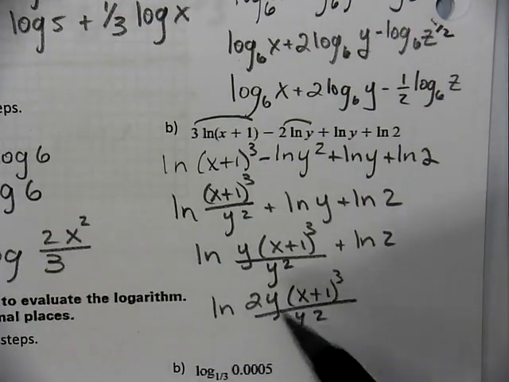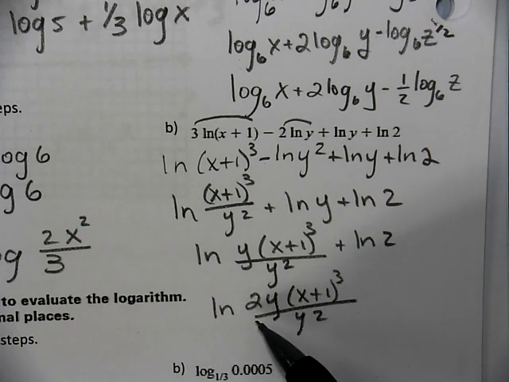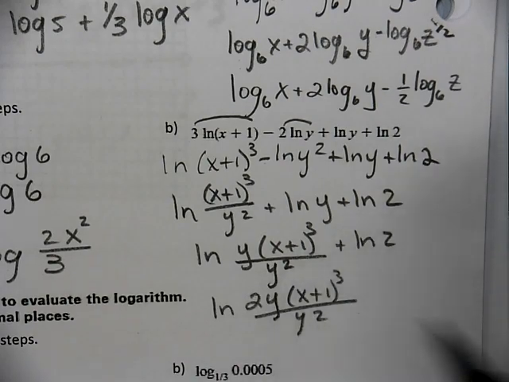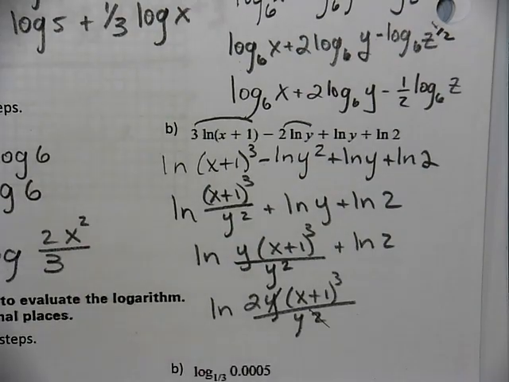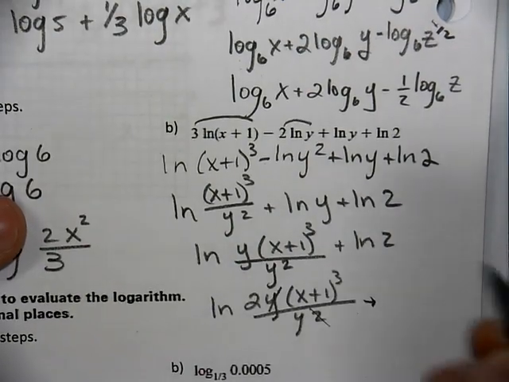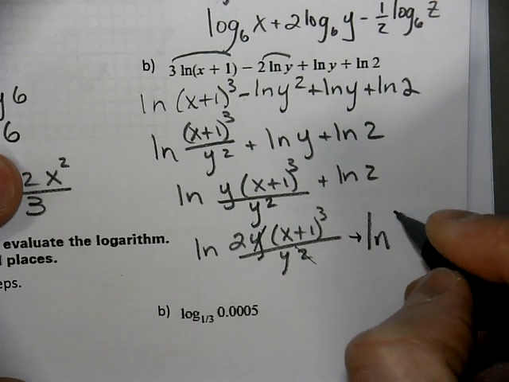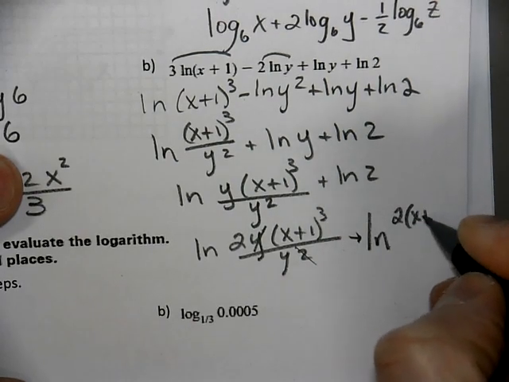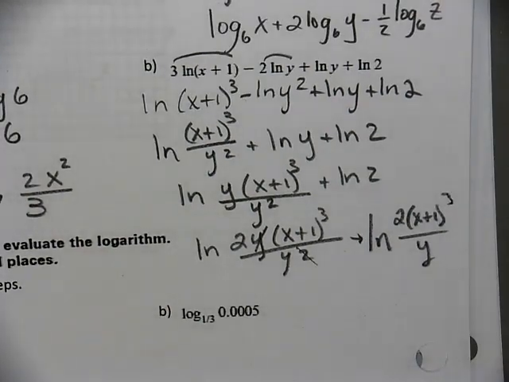Now, because we have something we can reduce out of here, nothing's being held together by addition. The 2 times y and the y times the parentheses, so I can reduce the y from the top and the y's from the bottom. So this is going to become the natural log of 2x plus 1 cubed over y.